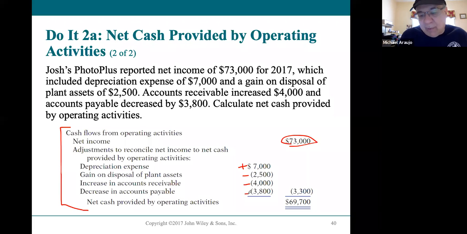And the same thing with payable. If our payables go down, we had to use cash. So we had $73,000 of net income. When you combine all these numbers, it meant that we used up another $3,300 of cash. So our net cash provided by operations is listed there at $69,000.